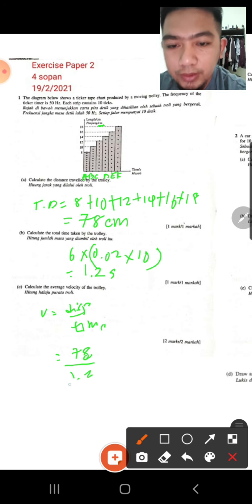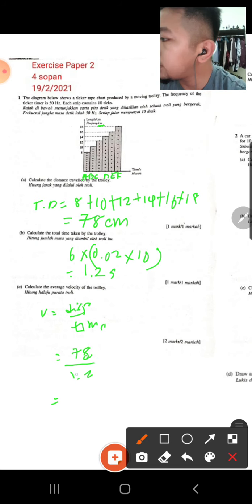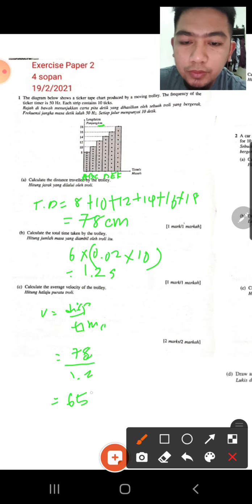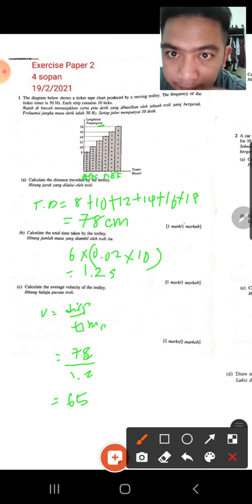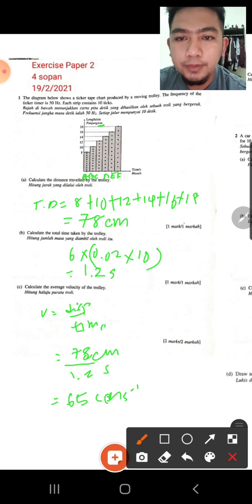So you will get 65. So the unit for velocity is, look back, the 78 earlier was cm, and this one is second. So cm per second. Alright, done.